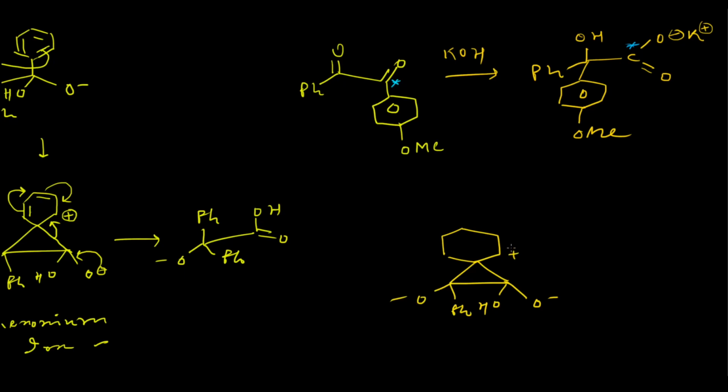Like this, here will be the positive charge, and if we consider the plus R effect by this oxygen atom lone pair, then it will definitely stabilize this positive charge to a greater extent than the phenyl itself. And that's why the overall reaction rate was found to be very high, and also the migration of this paramethoxyphenyl group is taking place during the reaction.